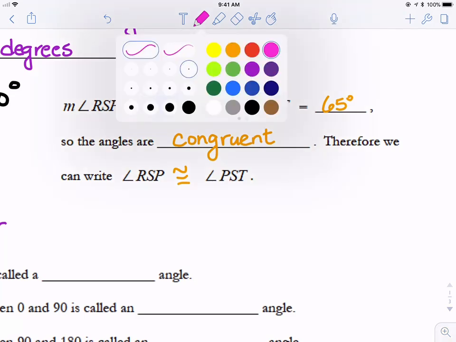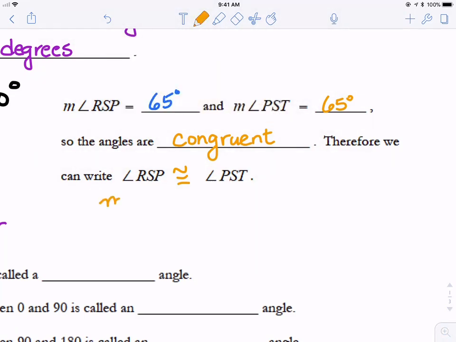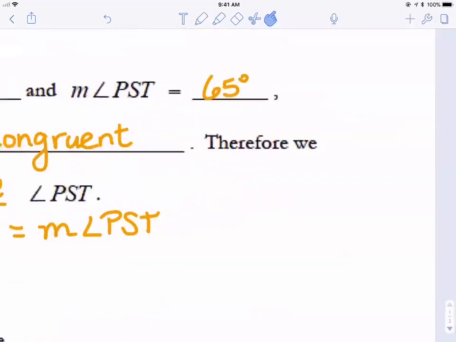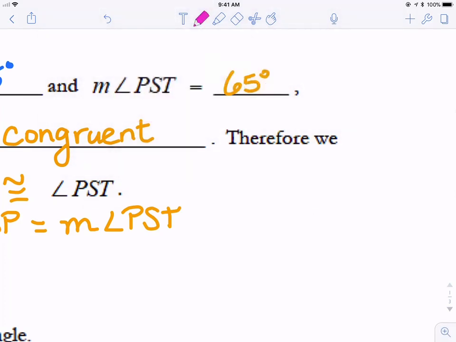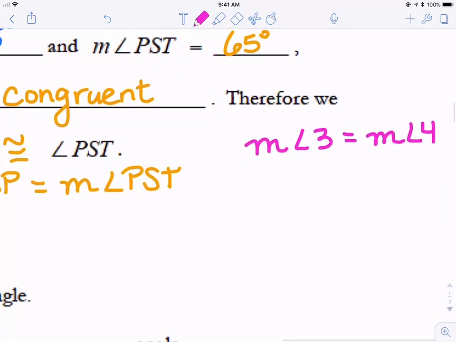So if we wanted to say this in a different way, we would say the measure of angle RSP is equal to the measure of angle PST. Okay, or let's say you're talking about angle 3, the measure of angle 3 is equal to the measure of angle 4. Okay, these are numbers. Numbers are equal.